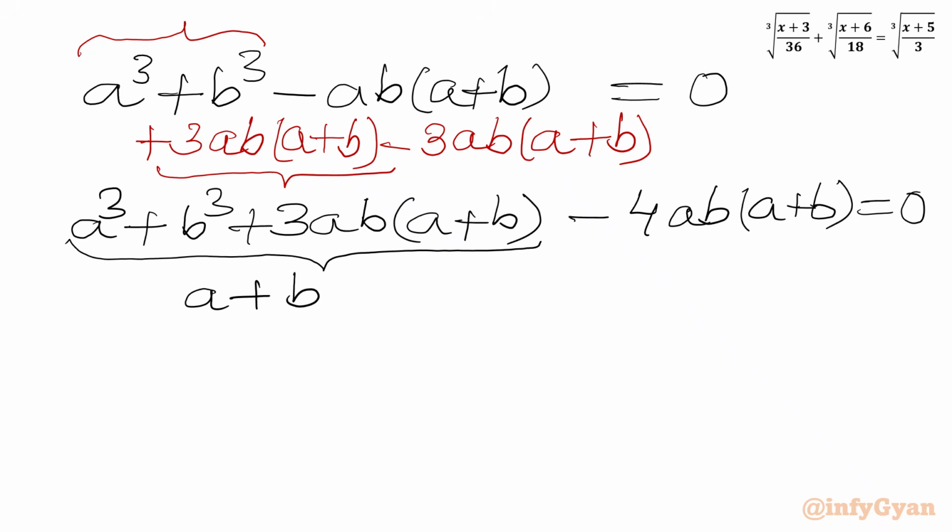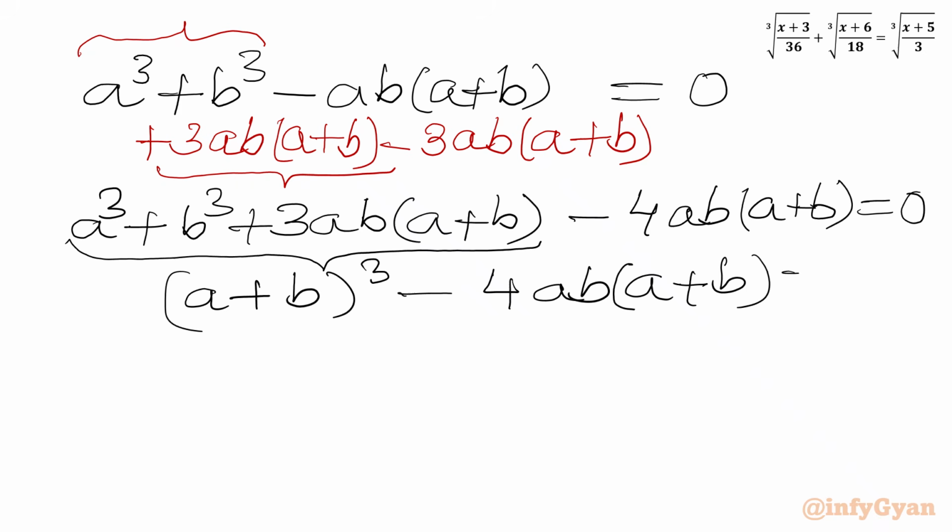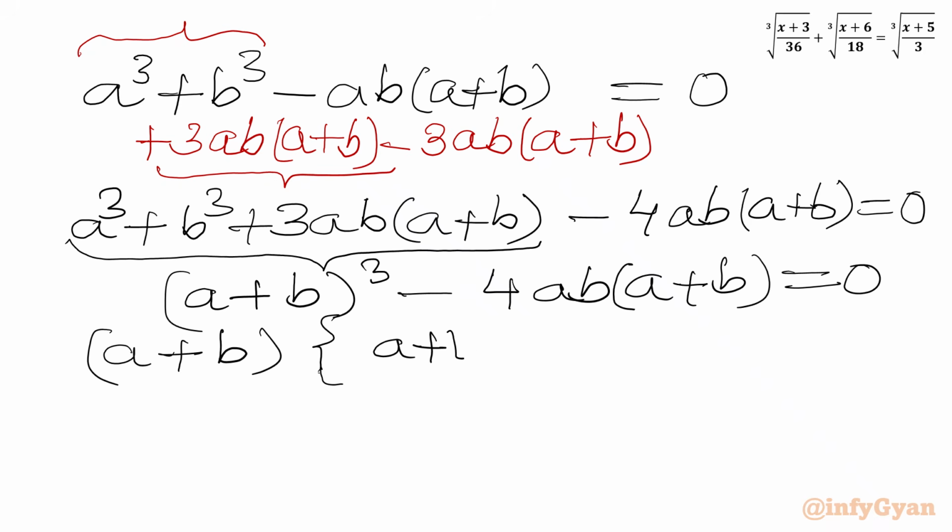Now this is one algebraic formula, a plus b whole cube. So I can write a plus b whole cube minus 4ab, a plus b equal to 0. We can take a plus b common out. So a plus b is common. Here we will write a plus b whole square, and here we will write minus 4ab equal to 0.